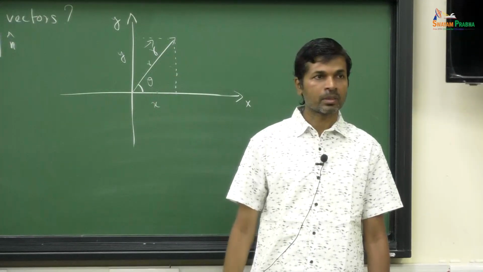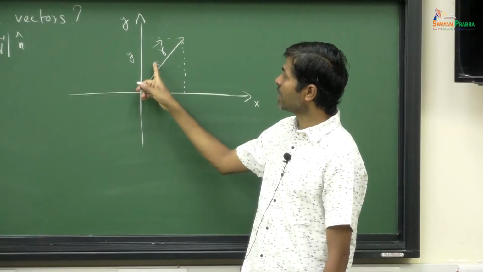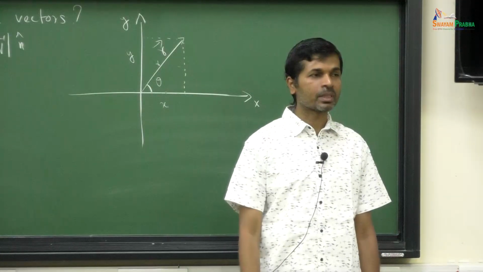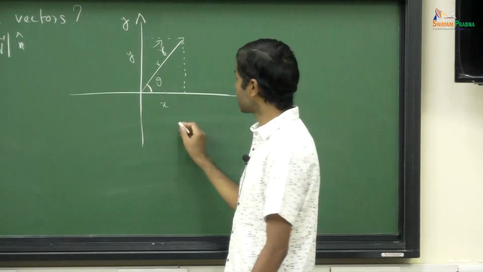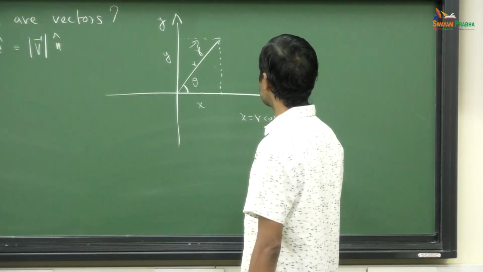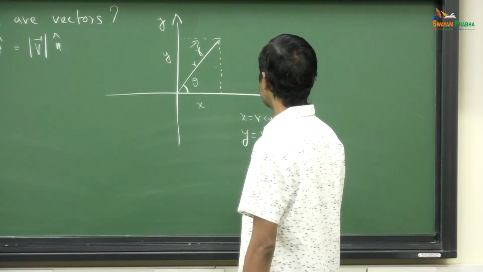Okay. Then there is a relation between r, theta and x and y. All of you know this. What is x? X is r cos theta, y is r sin theta.